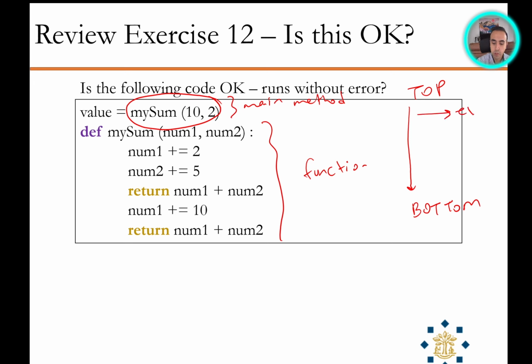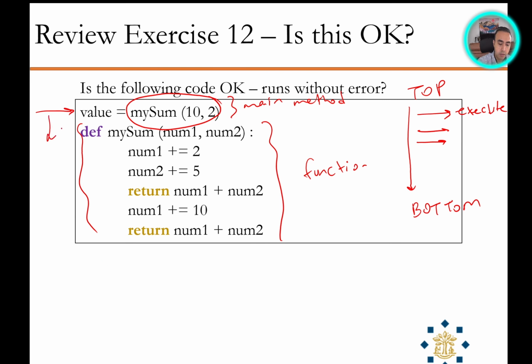So it first executes this line, and then the second line, and then the fourth line. Here, when we execute this, the function is not executed yet. So the function is not defined when we are at this point.